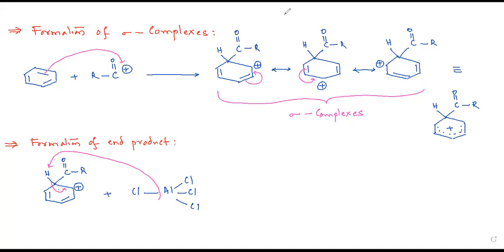That's it. A minus charge here, but that will go off when Cl minus attacks H plus. That is how we get the final product, acyl benzene. Plus, of course, HCl. So this is the mechanism of Friedel-Crafts acylation.